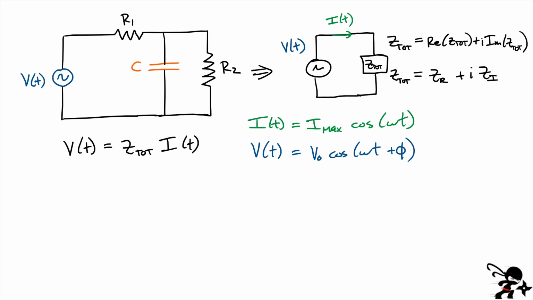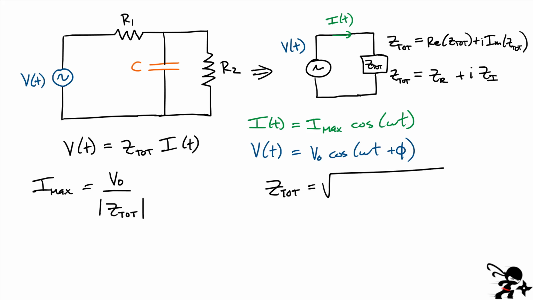At the end of the day, if I use Ohm's law, you're going to find that the maximum value of the current is simply the maximum voltage, V0, divided by the magnitude of this complex impedance. How would you find that if it has a real and an imaginary part? You simply square each component and add them up.